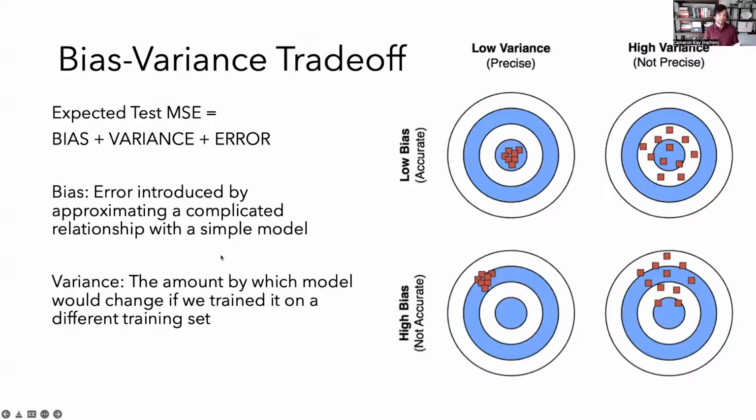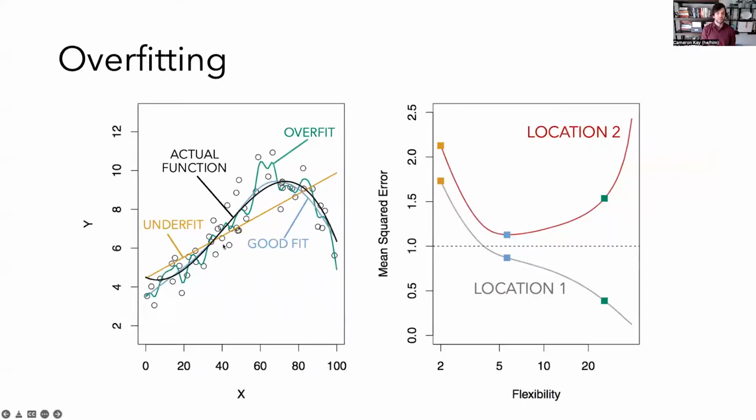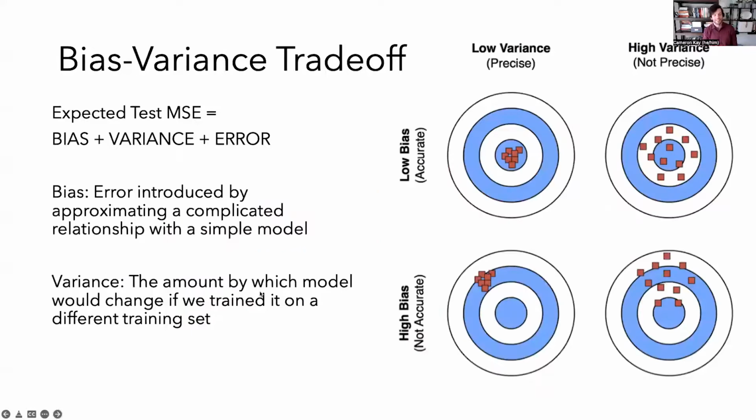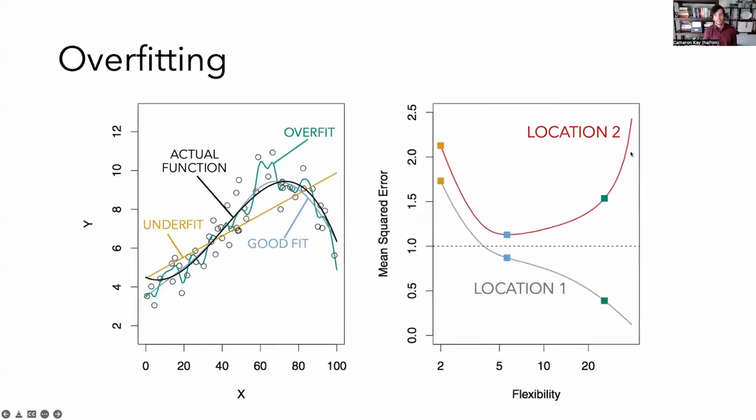So here are some kind of more formal definitions, right? Bias is error introduced by approximating a complicated relationship with a simple model, right? So that would be an underfit model. And then variance is the amount by which the model would change if we trained it on a different training set, right? So that is this difference here. That's the issue that we're running into.